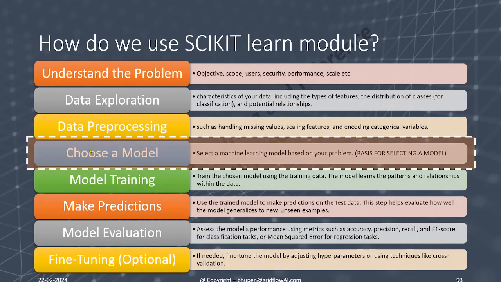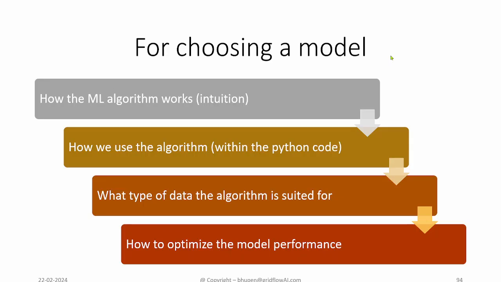The essential part is how do we choose a model? What is the criteria to choose a model? This is where we're going to spend the bulk of our discussion time in the next series of videos. So essentially, before we choose a model, we need to understand how the model actually works, intuitively at least, and sometimes a little bit of maths might be involved.